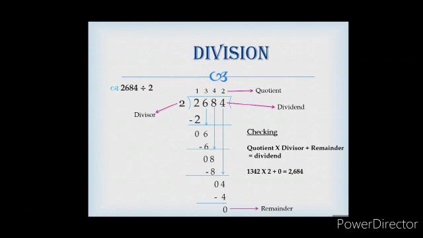Okay, as we know that this is our dividend, so when you apply the formula you must get this number. If you get this number by using the formula, that means you have done it correctly. Here the quotient is 1342, divisor is 2, remainder is 0. So when you solve this thing, you must get the dividend. If not, then you just have to go through the sum once again.